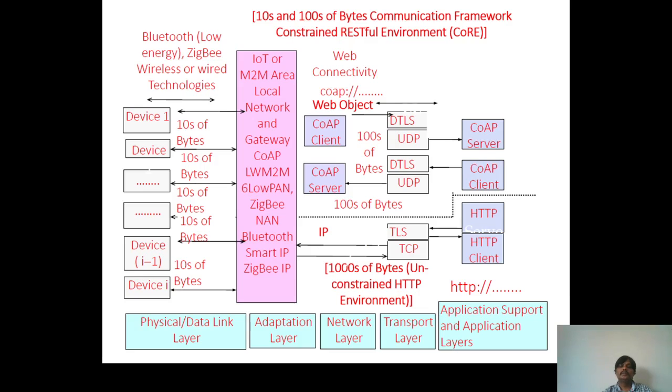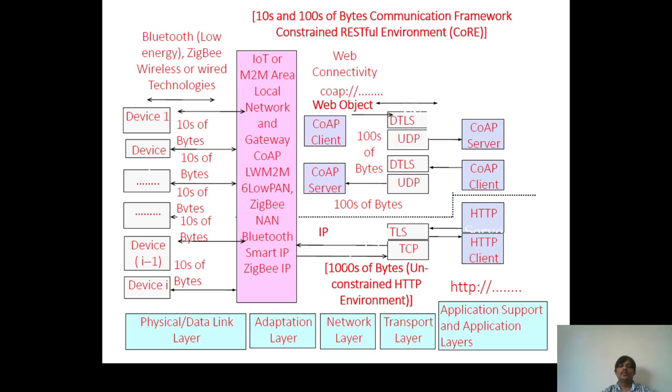Assume that there are I devices, device 1, 2, 3, 4, like I devices. These devices are connected in a device network and local network, having connectivity between the devices at the physical or data link and adaptation layer.